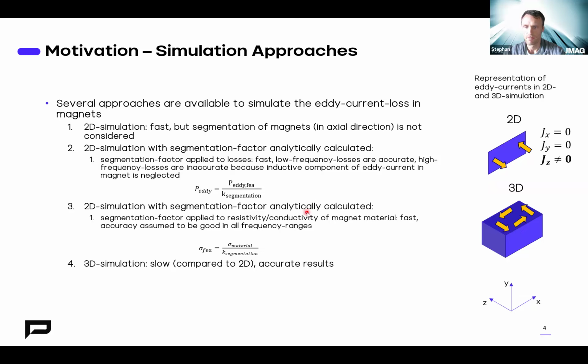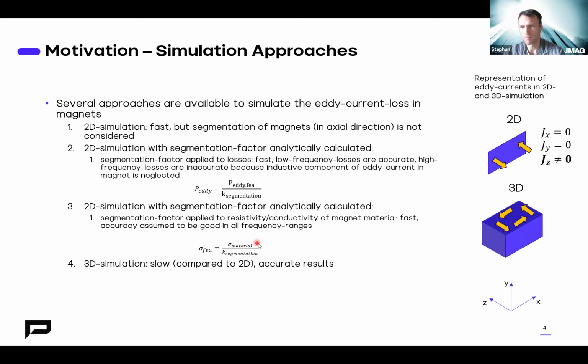And this is overcome a bit with the third approach, because in the third approach, we do not apply this segmentation factor to the losses after the FEA simulation, but we feed this segmentation factor into the simulation before we start it, and we apply it to, let's say, the resistivity or conductivity of the magnet material. So we reduce the conductivity of the magnet material using the segmentation factor.